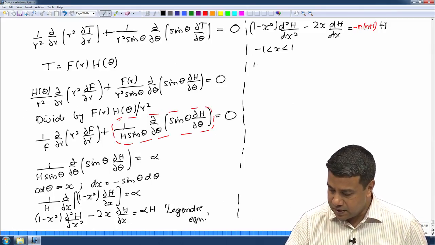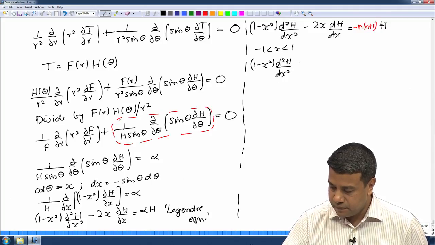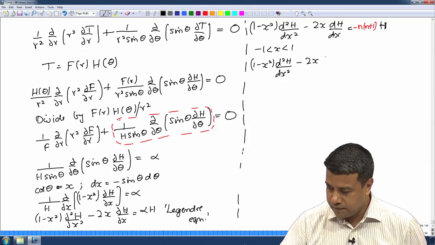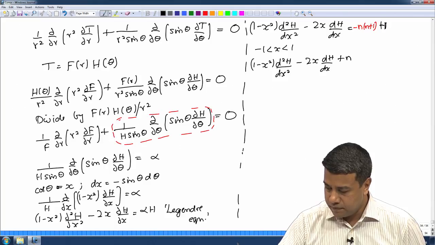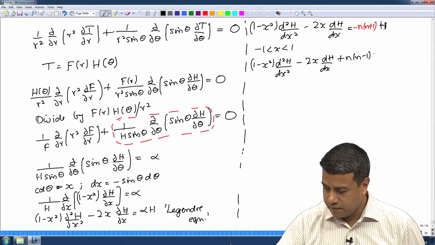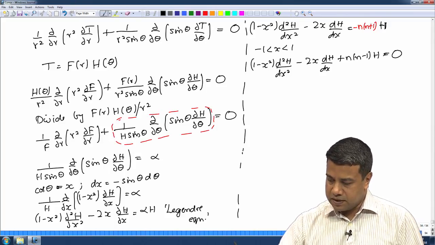With that, the equation becomes 1 minus x square... This is what is called the Legendre equation.